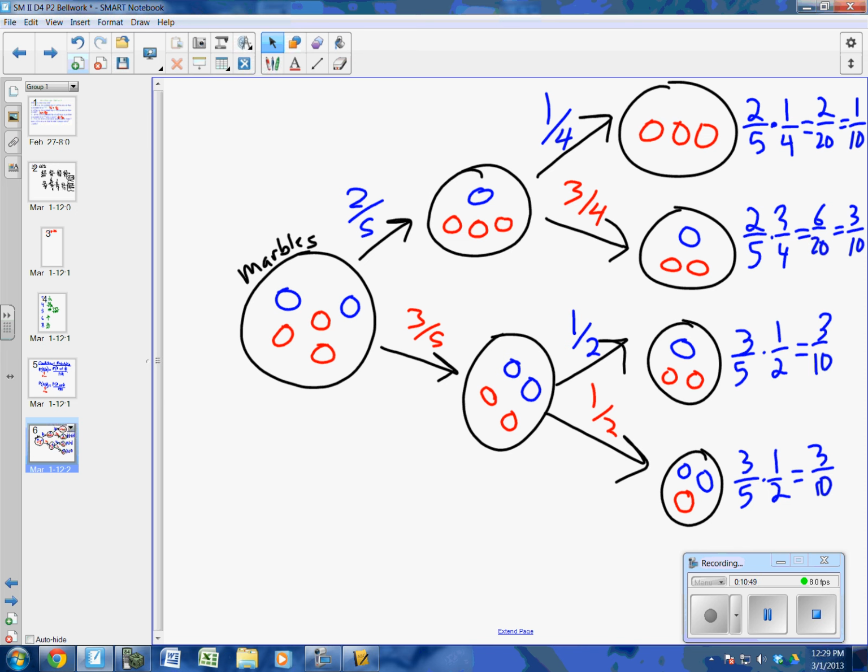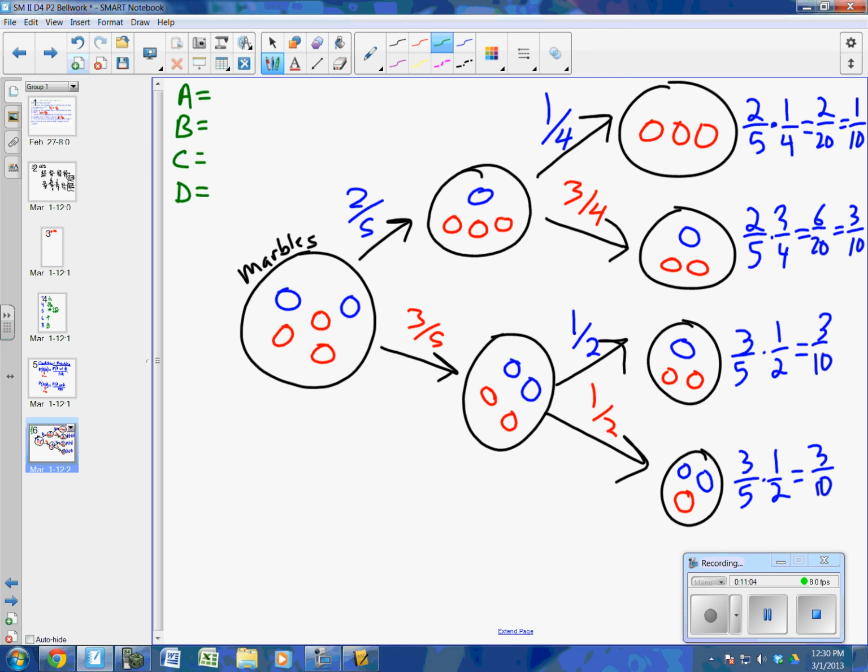All right. Now, this is where we get into the notation right here. I'm going to give you guys 4 scenarios. A, B, C, and D. A is the event of drawing a blue on the first draw.